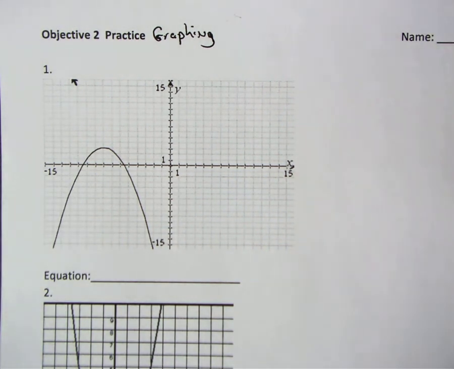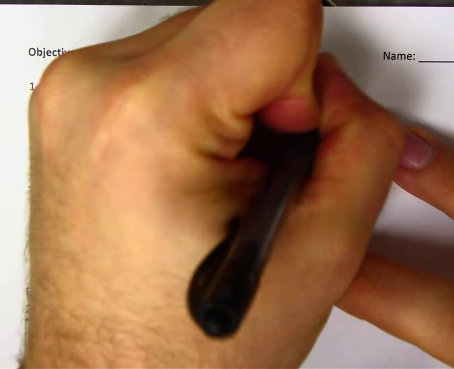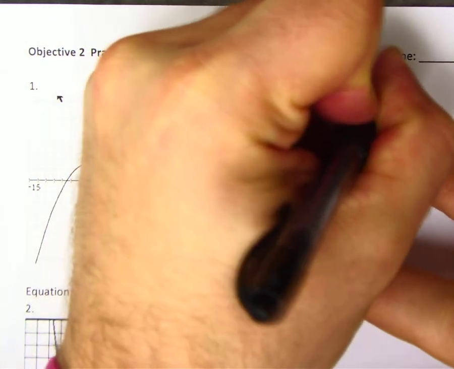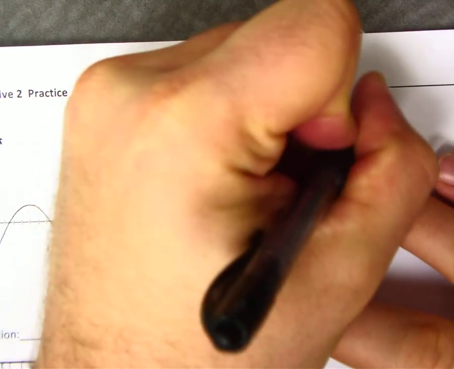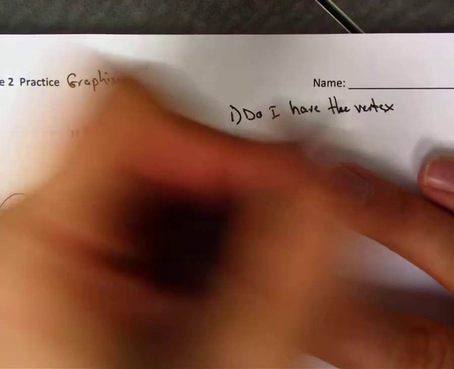And the way I like to start, usually because my favorite form is vertex form, is number one, do I have the vertex? And if you look over here on number one, I actually do have the vertex, so I'm good. Alright?